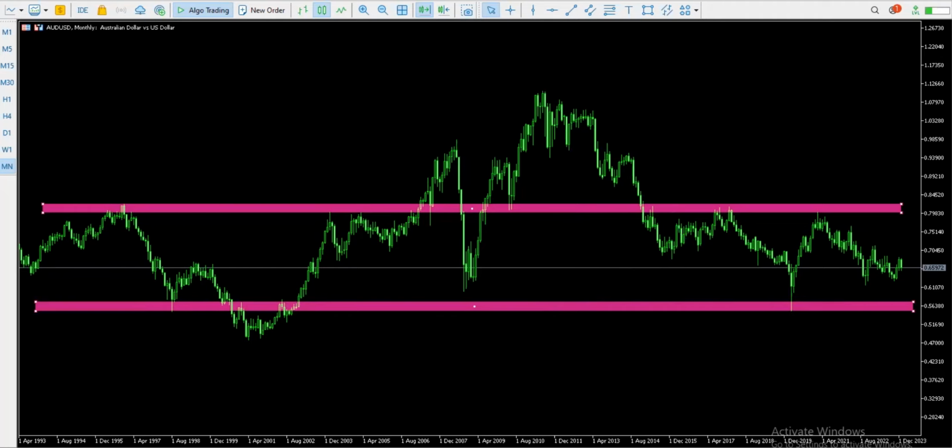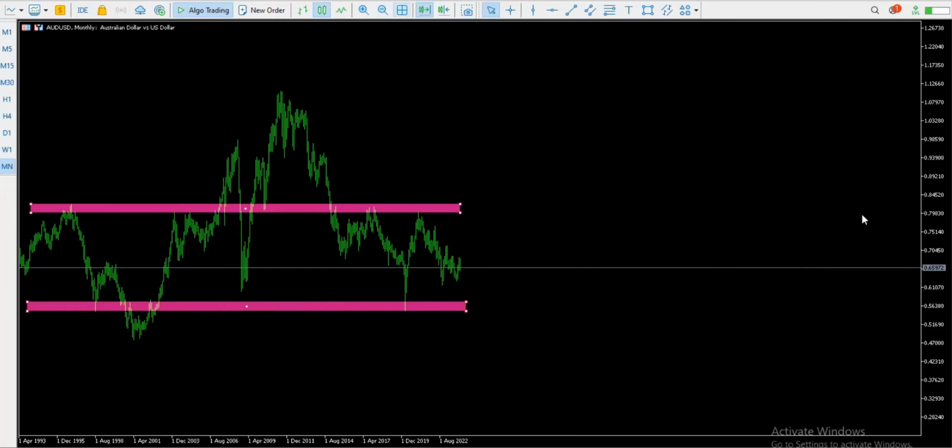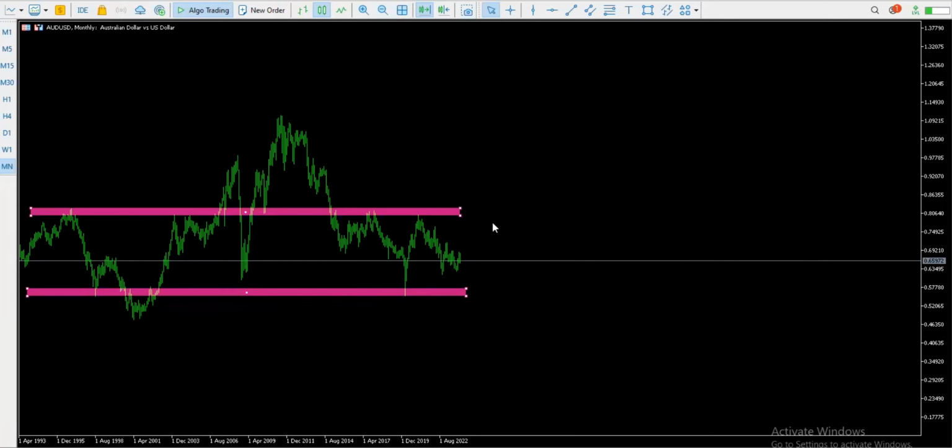So as you can see, the market is in a downtrend. The next step is to check the trend.